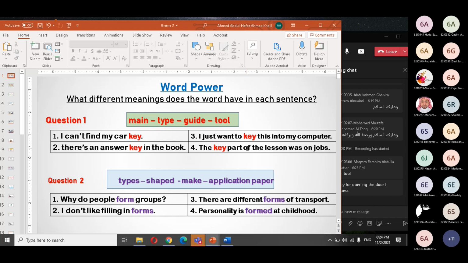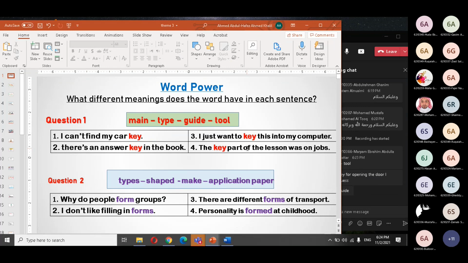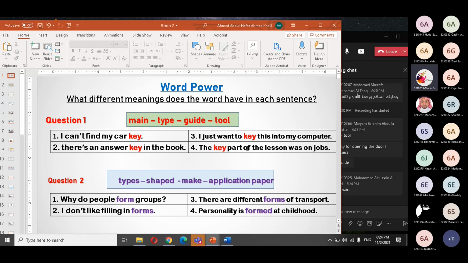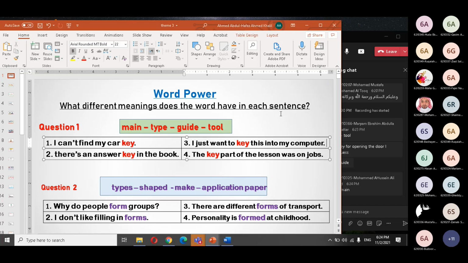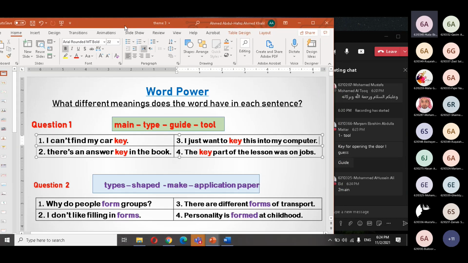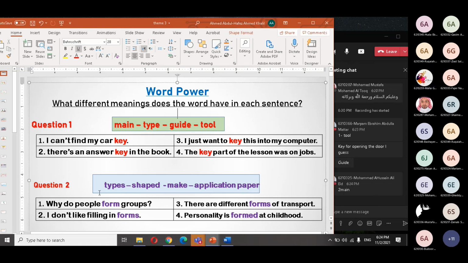The second one: there is an answer key in the book. What does the word key mean here in this sentence? Guide. You need to read well.